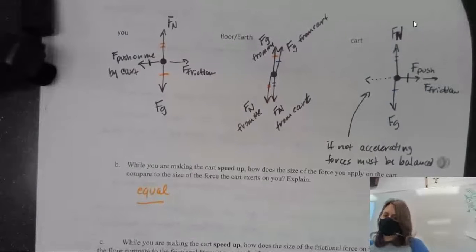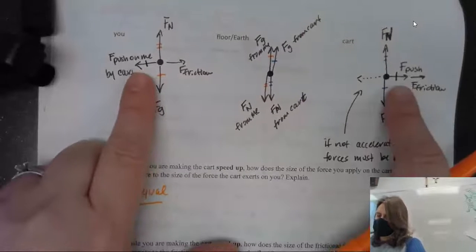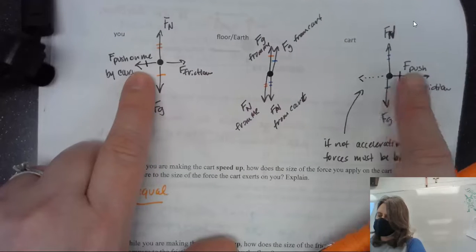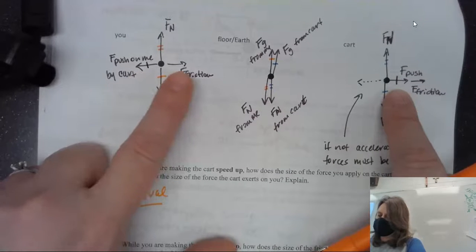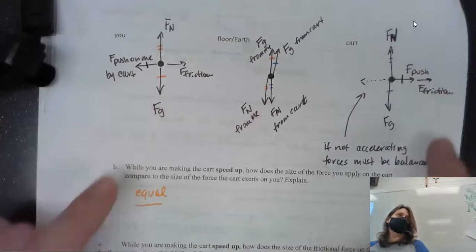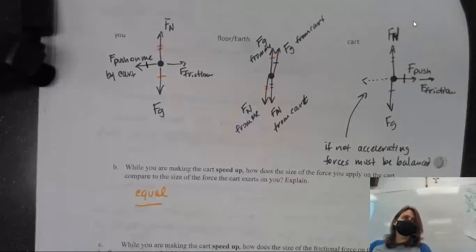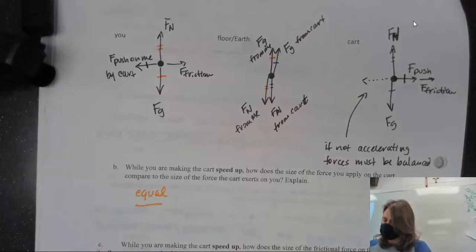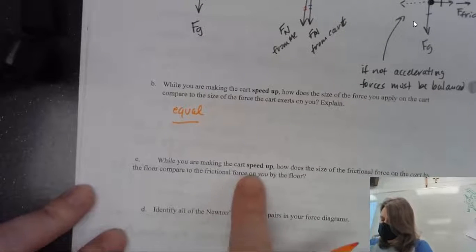If we want the cart to speed up, what's going to have to change is not the pair of the push on me by the cart and the push on the cart by me. It's going to have to do with this friction forward and friction that's pulling it back. It's going to be the sum of the other horizontal forces that make the difference there to make it speed up. While you're making the cart speed up, it's going to accelerate.